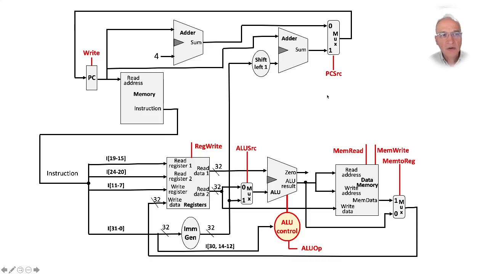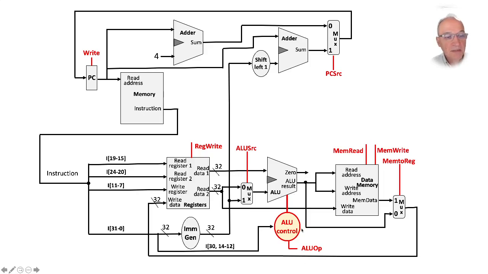The way I control this is with a signal called PC source that will tell this MUX whether the branch condition was true or not. And of course, I will obtain the logic for the PC source, in the case of the branch not equal, from the 0 output of my arithmetic and logic unit.